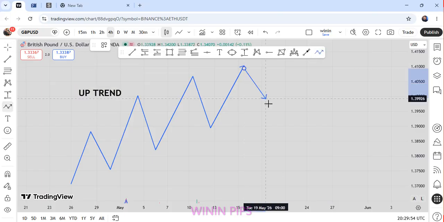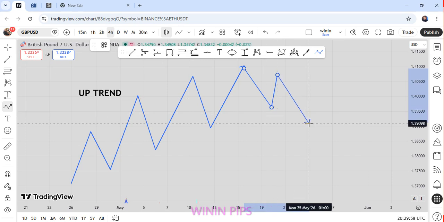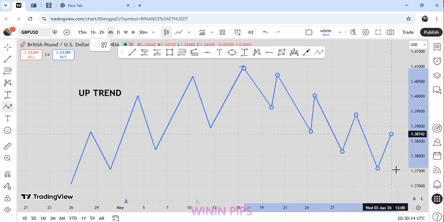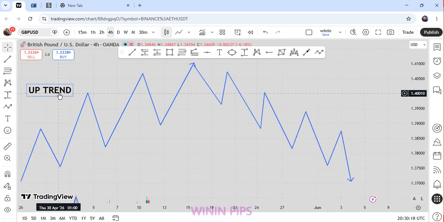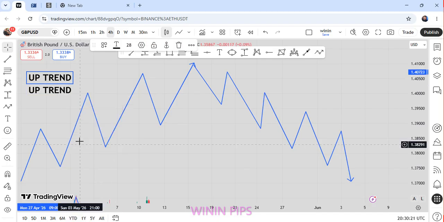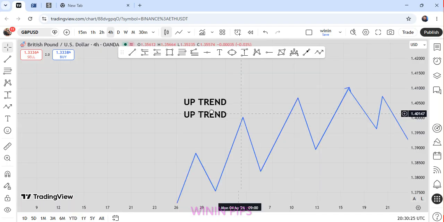So it comes this way, it retraces, comes down to break the initial low, then it comes lower than this low, retraces, comes down, retraces, comes down, retraces, comes down. So we have this one to be a downtrend.